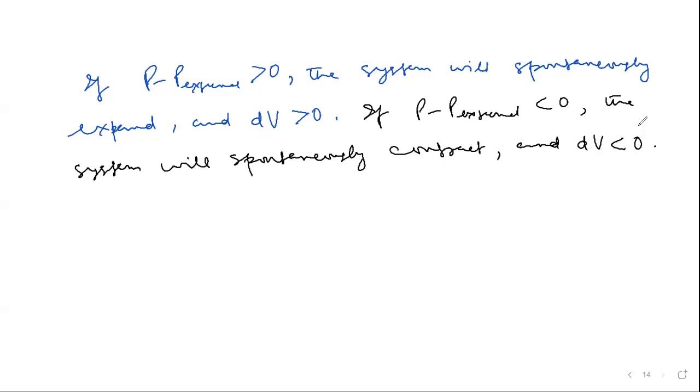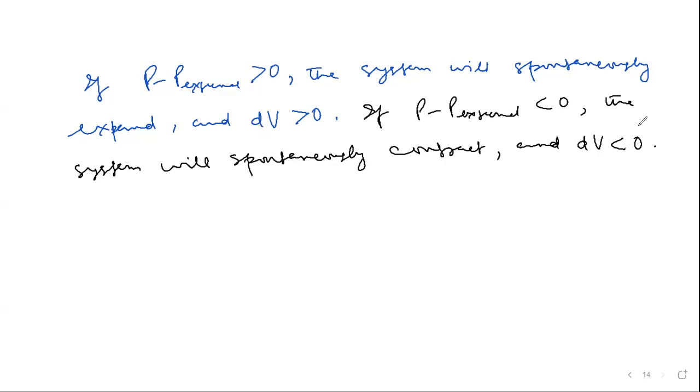I repeat, if p minus p external is greater than 0, the system will spontaneously expand and dV is greater than 0. And if p minus p external is less than 0, the system will spontaneously contract and dV is negative.